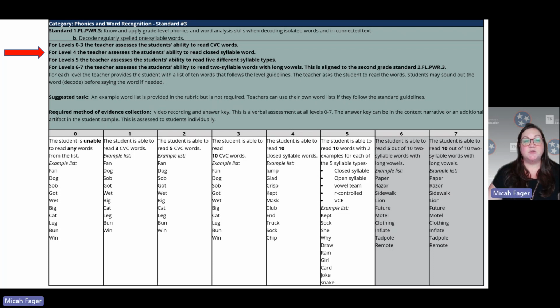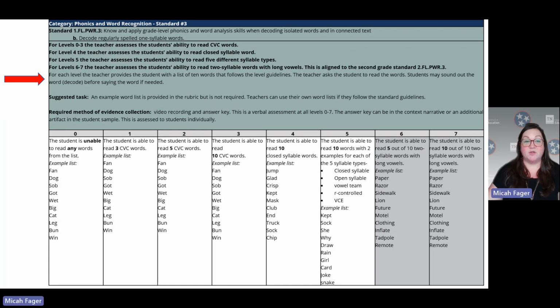When a student is able to read at level 5, the teacher is assessing the student's ability to read 5 different syllable types. When a student is able to read at levels 6 or 7, the teacher is assessing the student's ability to read 2-syllable words with long vowels. This is aligned to the second grade standard 2.FL.PWR.3.